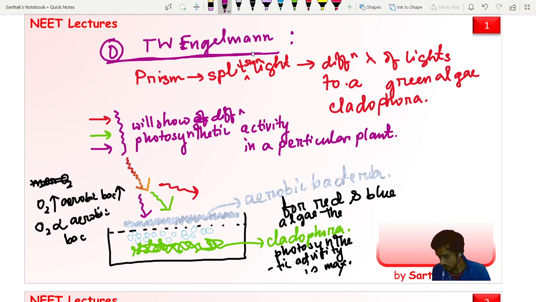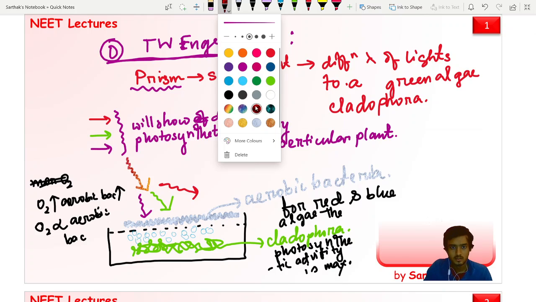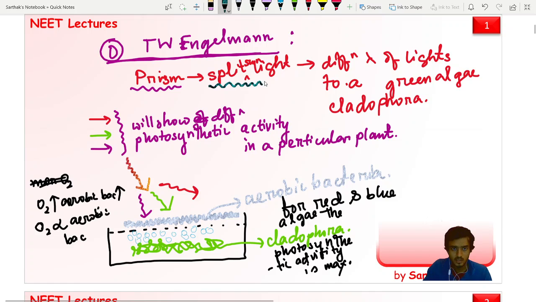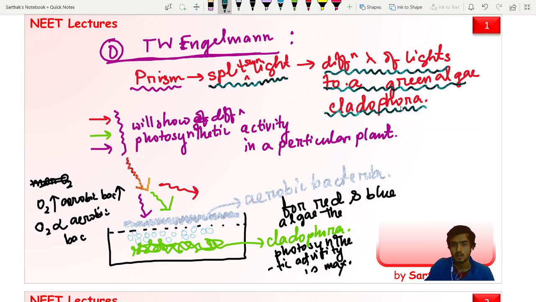Okay, so what he has done? He took a prism, and he split the sunlight into different components of different wavelengths of light to illuminate a green algae named Cladophora, by separating the sunlight into different types of wavelength.